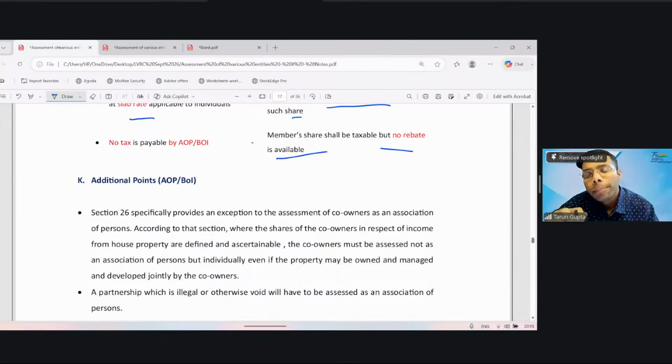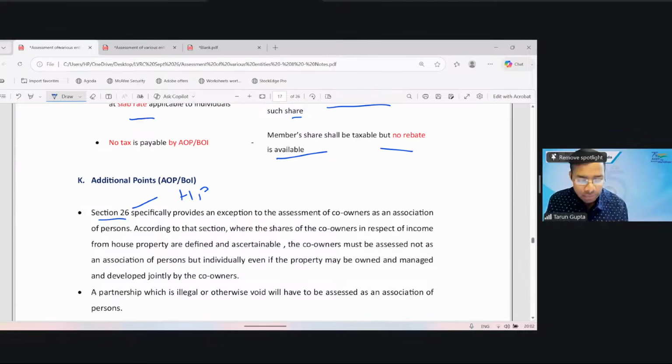Whenever two persons join together and do a business, we tax such business under the head AOP. The only exception is section 26 under the head house property. What it says: if a house property is jointly owned, managed, or controlled, still income from such property shall not be taxed as AOP, shall be taxed individually in the hands of each such owner.